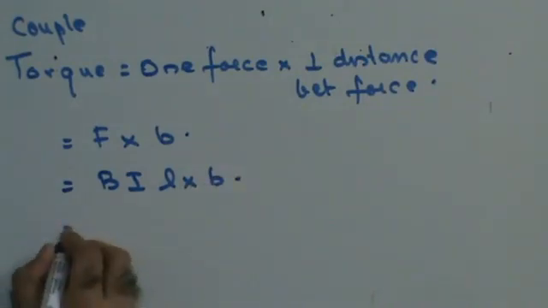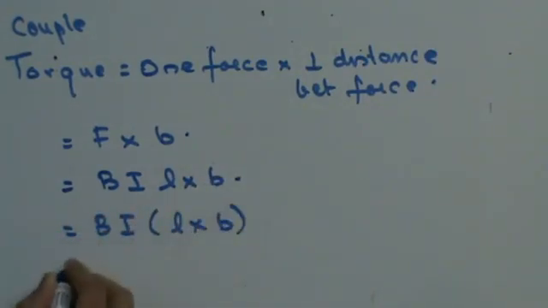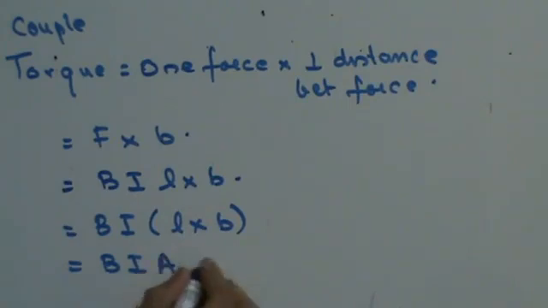So this is BIL into B, but length into breadth is nothing but area. Length of the rectangle into breadth of the rectangle will give you the area of the rectangle. Therefore, the torque that is going to be acting is going to be BIA, right? And it is this torque that makes the coil move. Thus the coil rotates under the action of this torque.